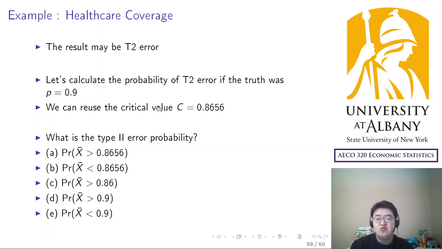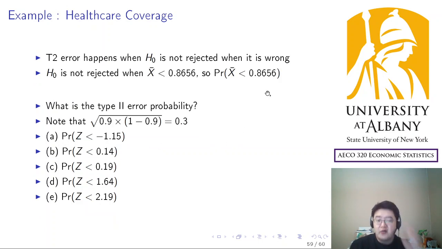You remember you reject when x bar is greater than this. So this is the rejection condition. So you don't reject in this case. This probability is the type 2 error probability. Of course, you have to condition this on 0.9, but I omitted that. But the point here is you are calculating the probability of not rejecting a null hypothesis. That's when you can make a type 2 error.